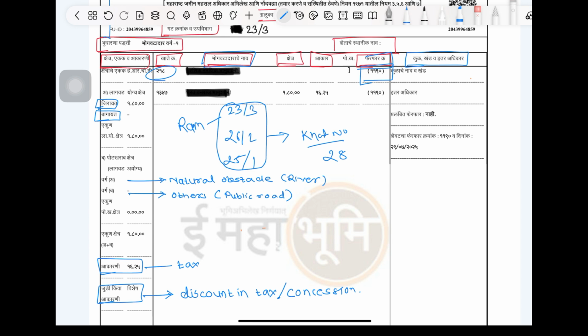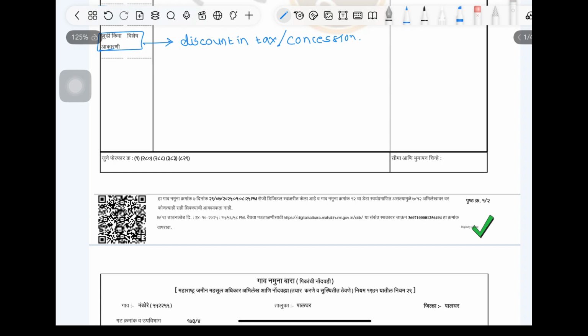It can be a bank. Then in Maharashtra, sometimes it is the primary agriculture society who usually gives the loans to the farmers. So their name falls in the other rights, that is itar adhikar. Now in this one, other than the owner, no one has shared ownership. Now I have one more Satbara.